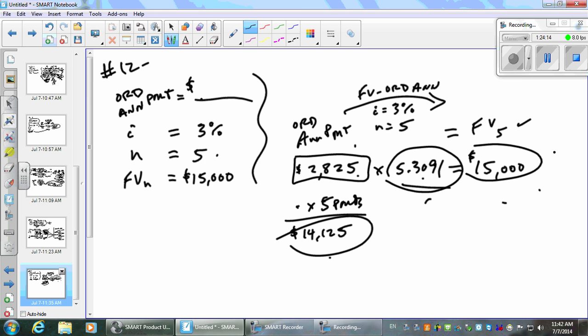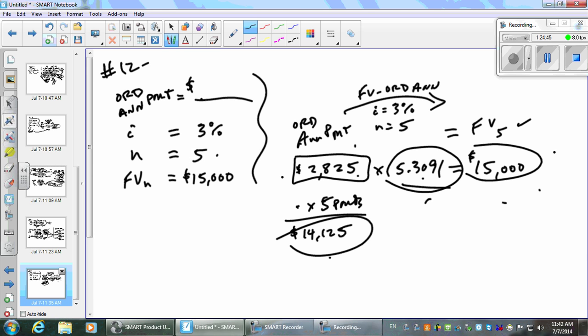So I'm not depositing just 2,825, I'm depositing 2,825 5 times. So 5 times 2,825 is 14,125. You have to say this to yourself over and over for a while. Oh, okay, that's what that is. I got it. I know what I'm doing. Annuities seem really magic at first, don't they? How can 2,825 become 15,000? It doesn't.